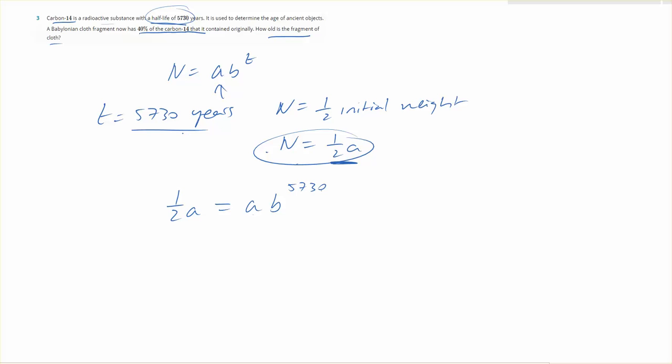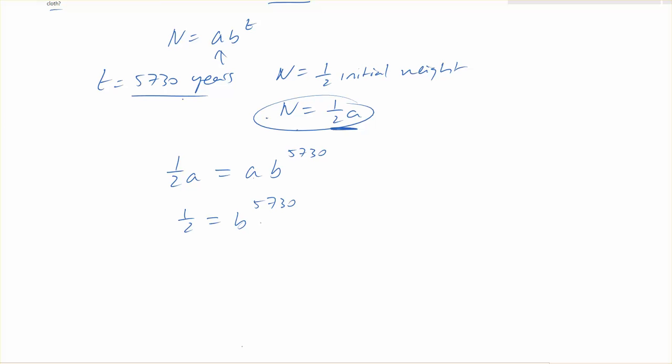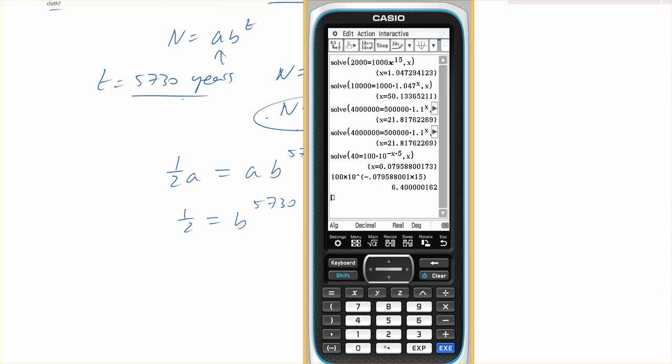Now what we notice here is we've got a's on both sides. I can divide both sides by a, and it gets rid of it, because a divided by a is just 1. Now I can work out my b value, because I've only got one unknown. So I use my CAS: 0.5 equals x to the power 5730.